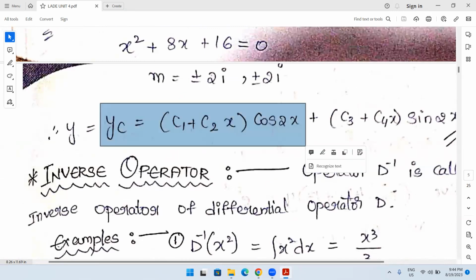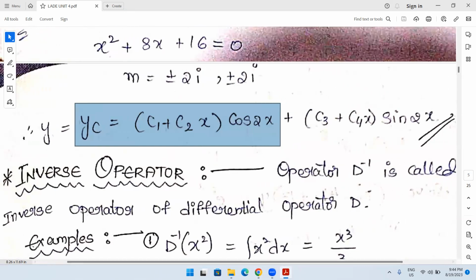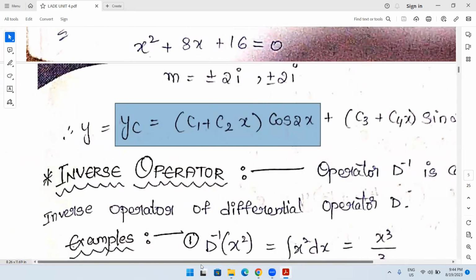So like this, we can find the complementary functions. No need to practice more complementary function problems now, because in every topic in this unit we get complementary functions. We have to find YC definitely.